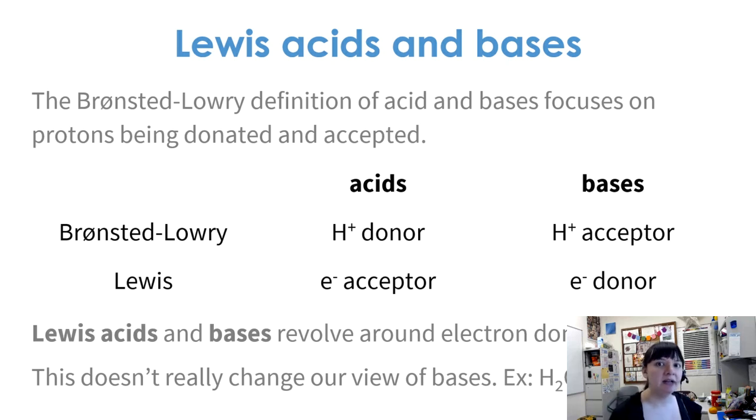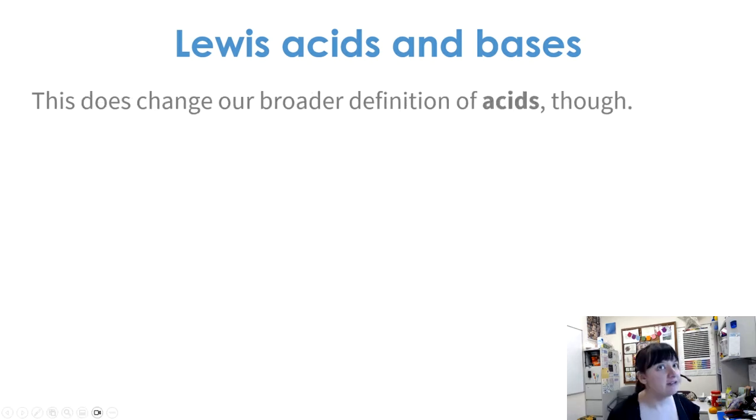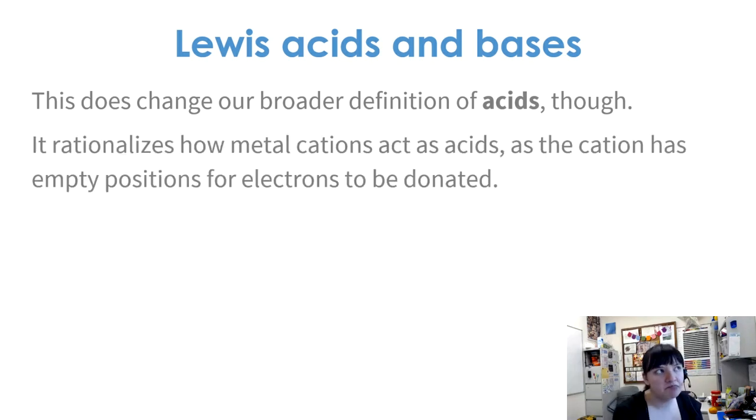It's implied that when you gain a proton, that needs to be formed through some kind of bond. And the electrons in that bond come from the base itself. The base has the electrons, it makes the bond with the proton, and that's how we get that basic definition. For acids, however, it's going to change our definition of what an acid looks like a lot.